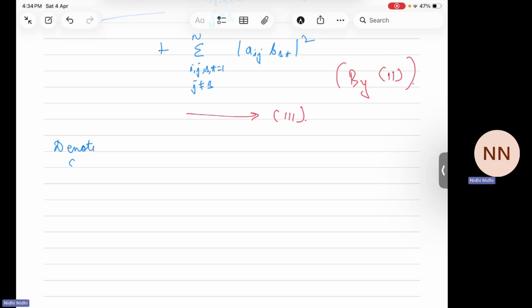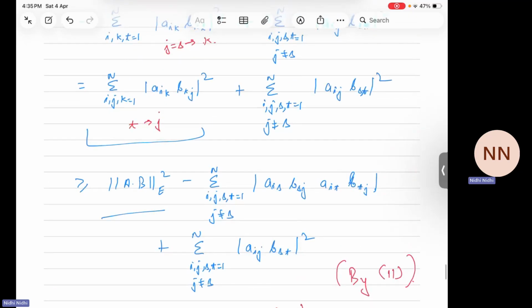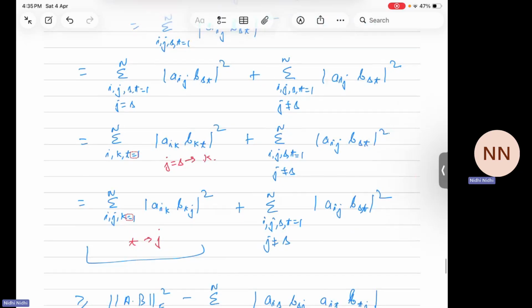So let's denote some other constant s to be summation ijst from 1 to n, j not equal to s, aij bst square minus summation ijst 1 to n, sorry, s not equal to t.